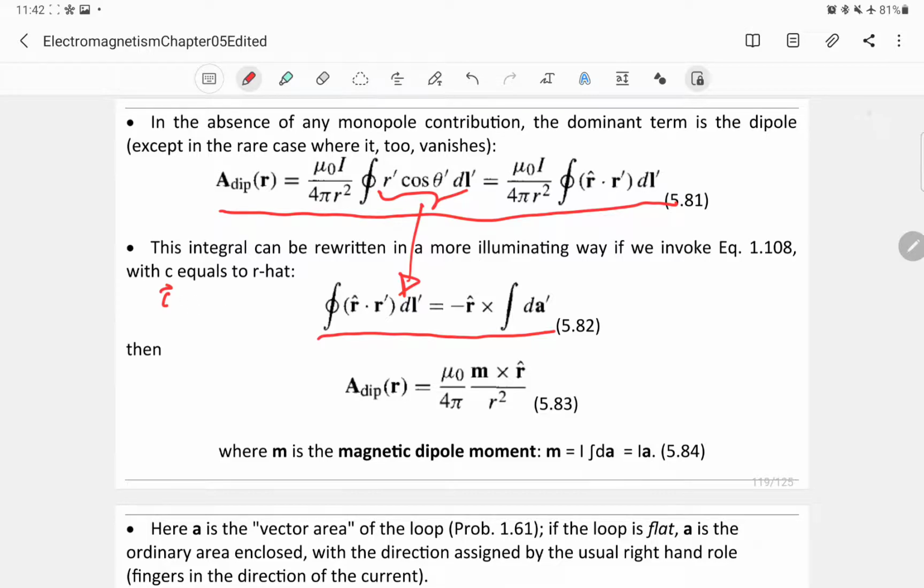So maybe I should write that equation. That is just integral of c dot r dl is just equal to a cross c. So in that case, this one here you can rewrite as this one.